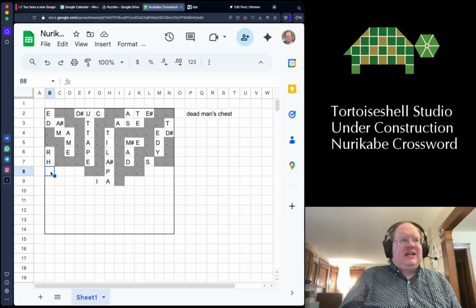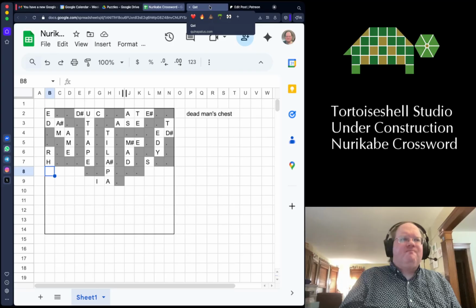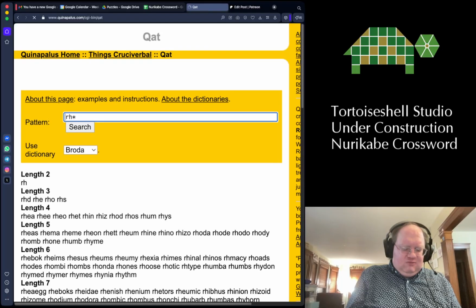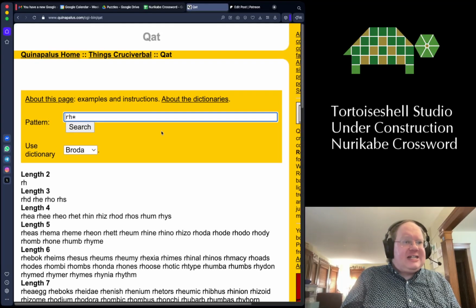So now what comes after RH to go in here? What do we have after RH? I don't want to go for rhythm because I've already had problems with Y's. There's Rhapsody, there's Rhino, Rhea, Rhodes, Rhombus.